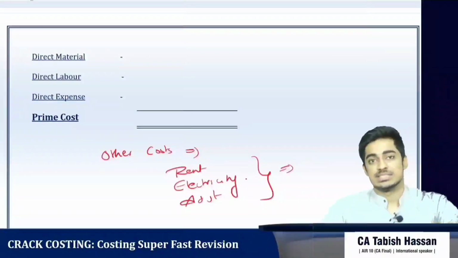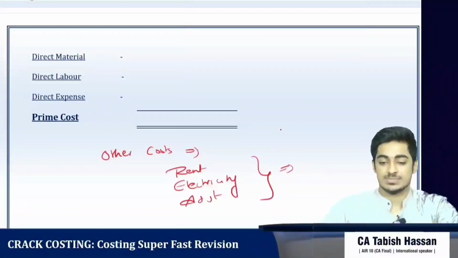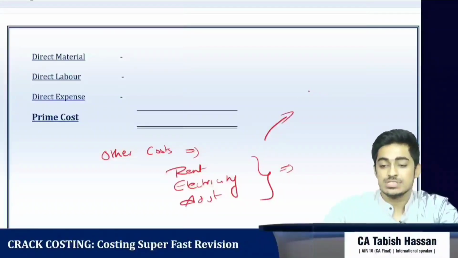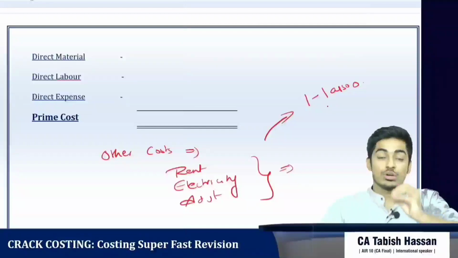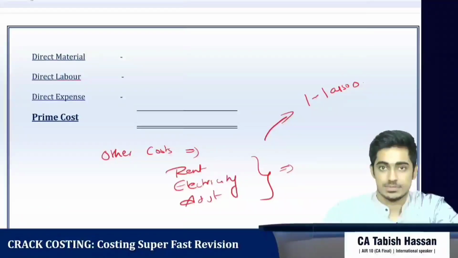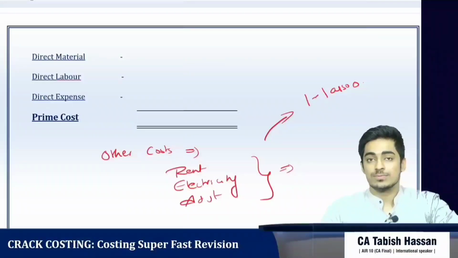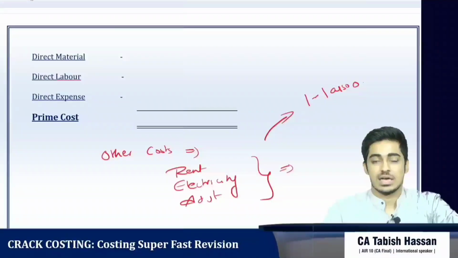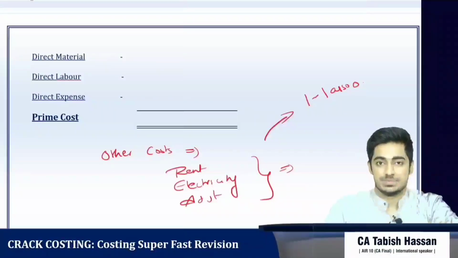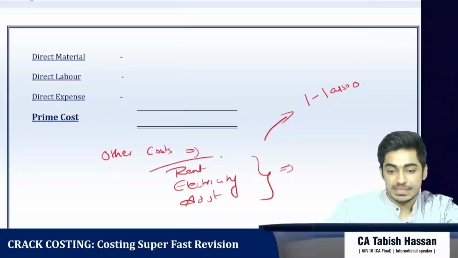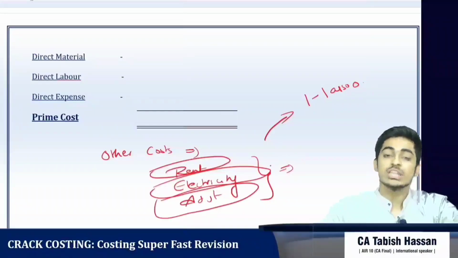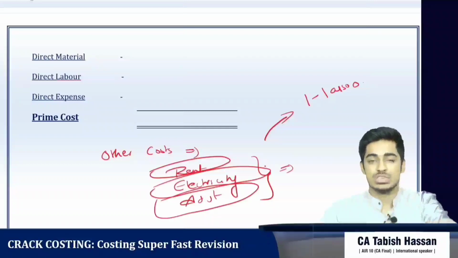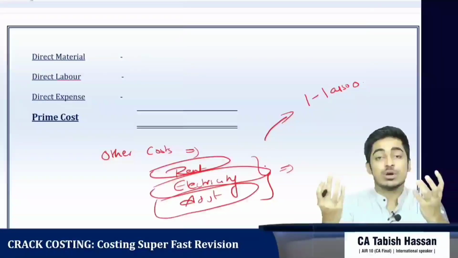The above expenses, direct material, direct labor, direct expenses, we were in a position to give a one-to-one association of the cost to the cost object. If I'm manufacturing one phone, I want one piece of glass. I want one memory chip. But here, the rent, the electricity, the advertisement, we are not in a position to give a one-to-one association to the cost with the cost object.